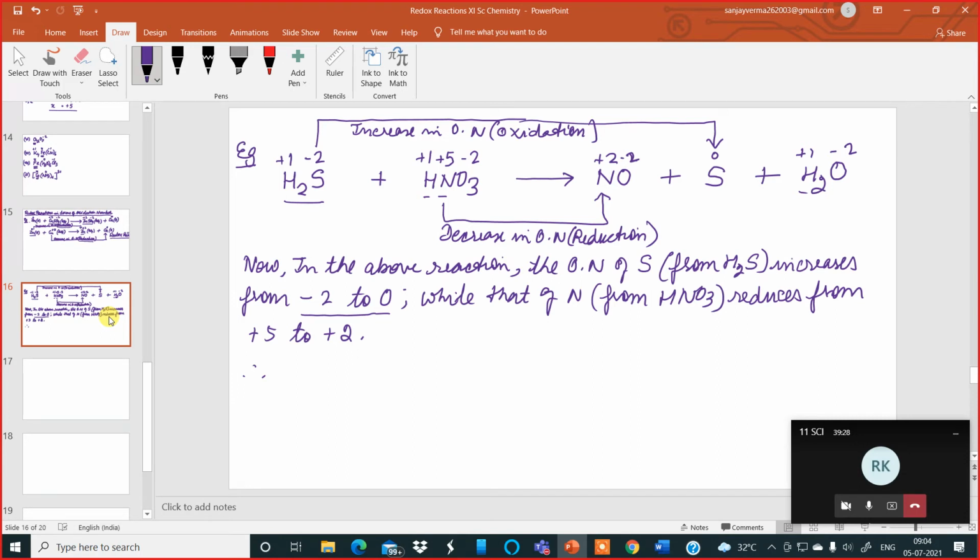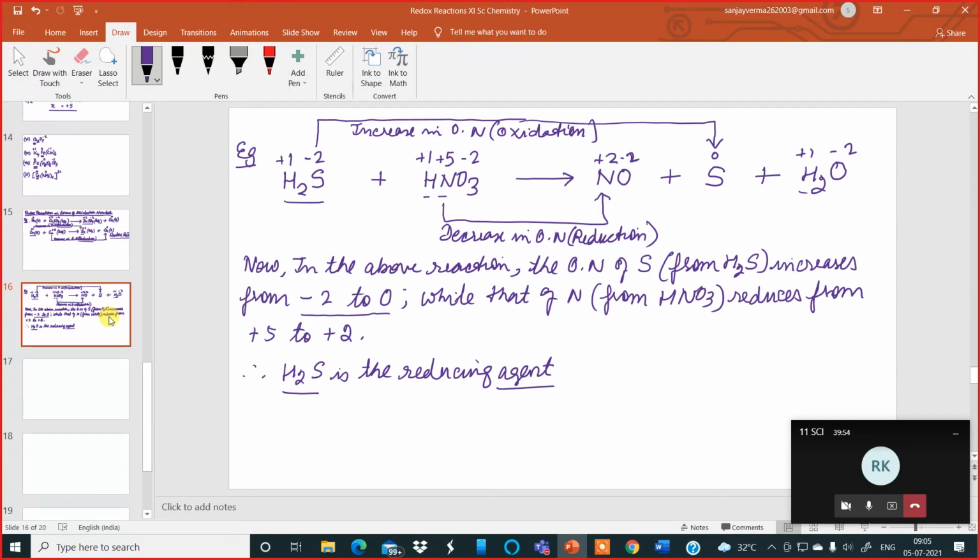Therefore, now I will write down: hydrogen sulfide is the reducing agent. Whatever is undergoing oxidation becomes the reducing agent. Put this in your mind today. Very important.